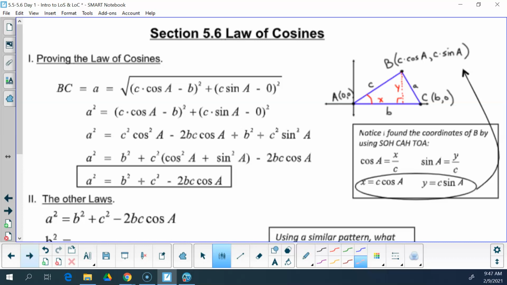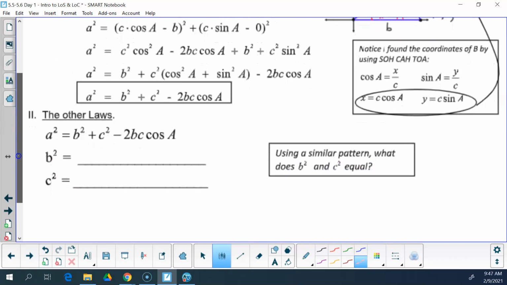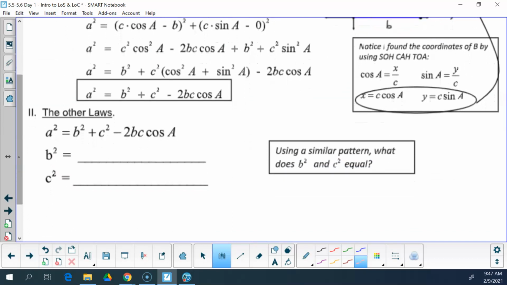Law of sines is derived from the area formula. Law of cosines is derived from the distance formula between points B and C. If you want, later on I can go through that more for you. Just know that this pattern repeats itself depending upon what you have.